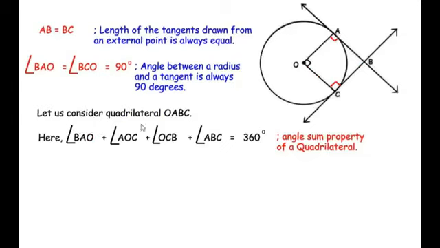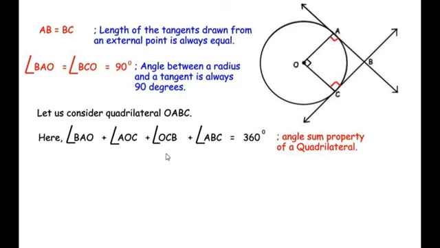So let us consider the quadrilateral OABC. Now here let us use the angle sum property of the quadrilateral. So I have written here angle BAO plus angle AOC plus angle OCB plus angle ABC is equal to 360 degrees. That is, the sum of all the angles of the quadrilateral adds up to 360 degrees.